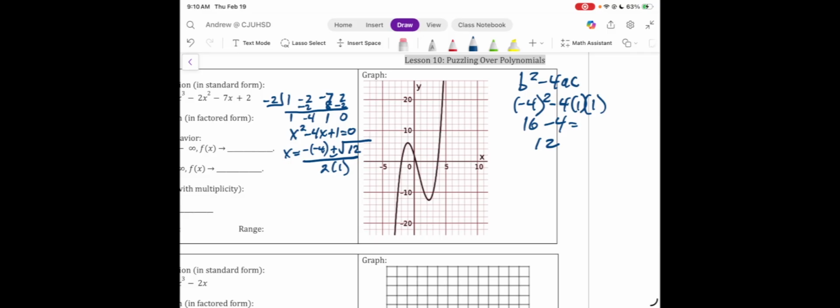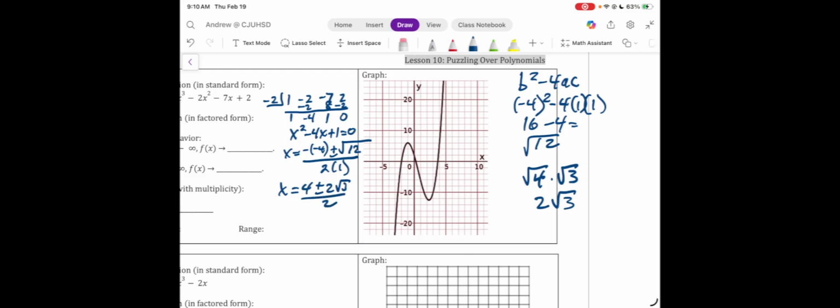Now root 12. If we look at root 12, that's root 4 times root 3, and root 4 is 2, so it's 2 root 3. x equals positive 4 plus or minus 2 root 3 over 2.